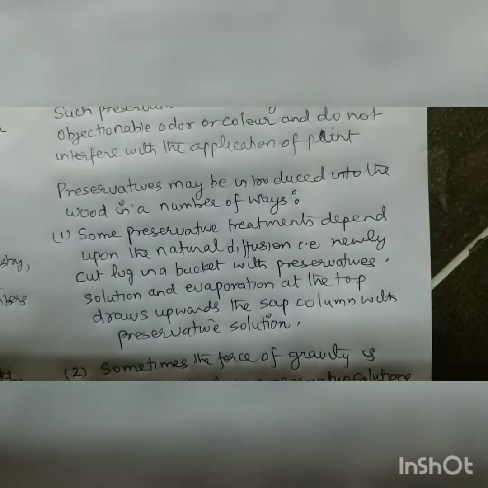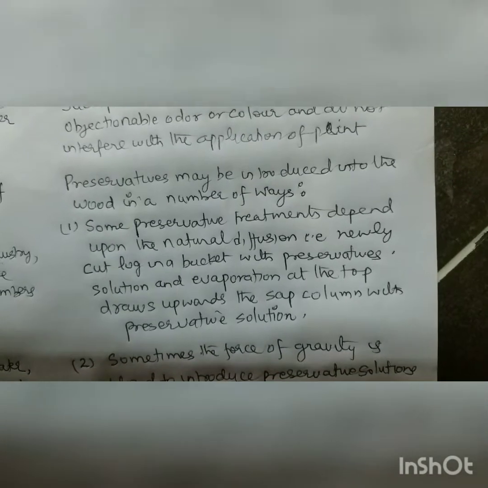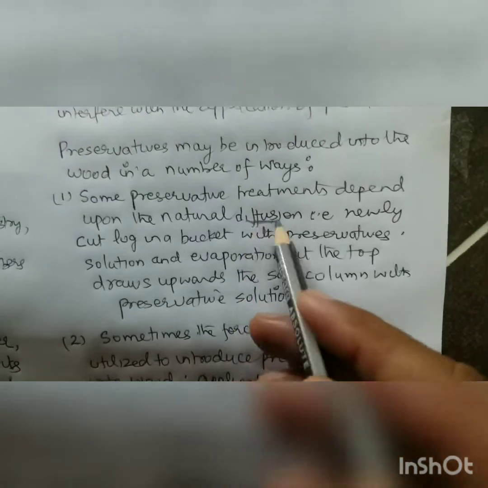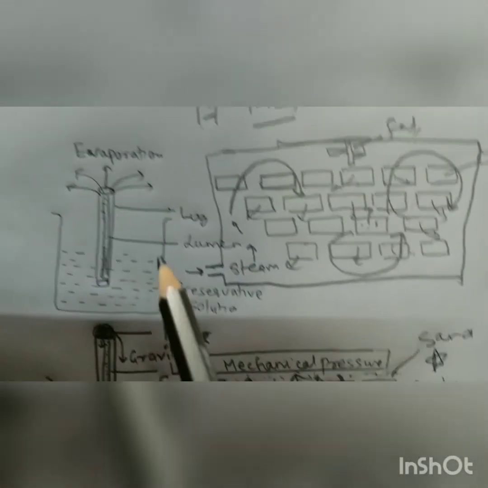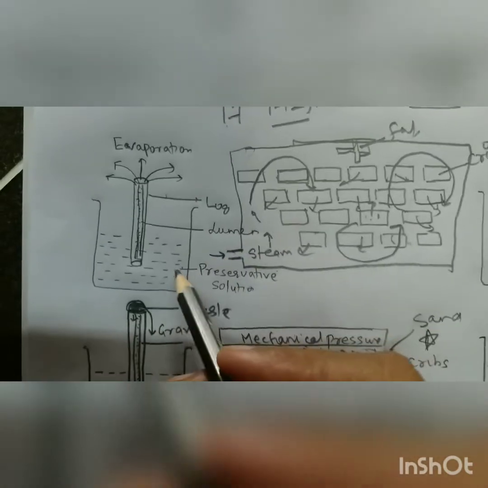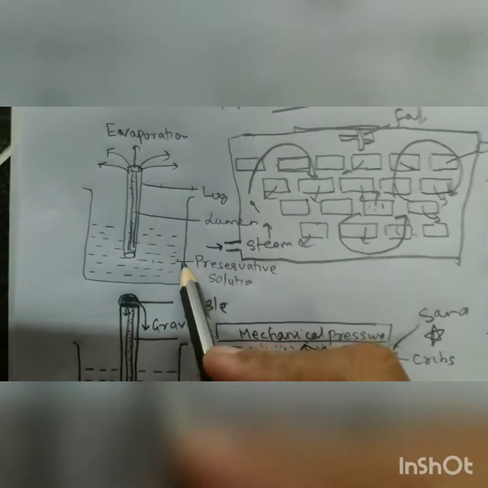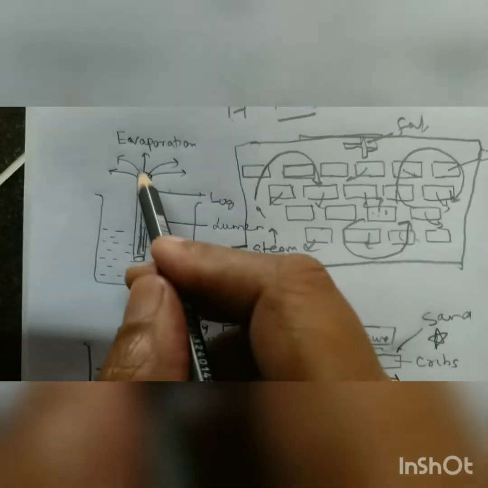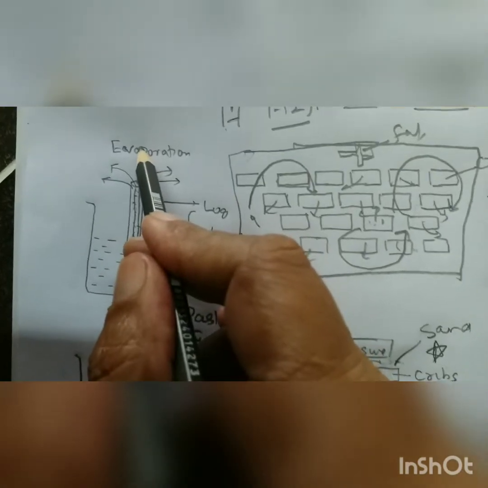So these preservatives may be introduced into wood by a number of ways. The first is natural diffusion. In order to see how this works, I'm taking one log as an example. We put a log in a preservative solution, and this log undergoes evaporation.